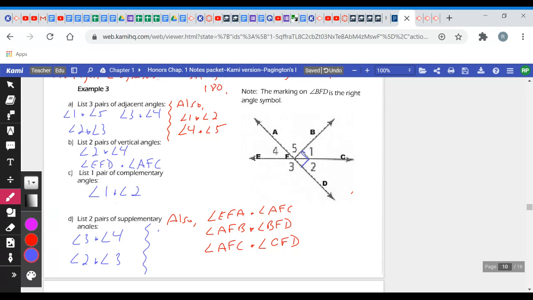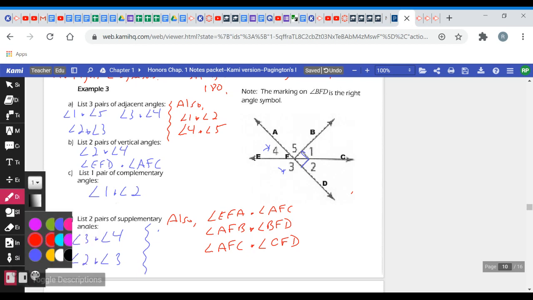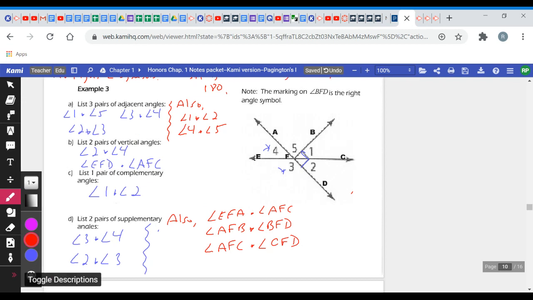Remember, supplementary angles are angles that add up to 180. So I first listed angle 3 and angle 4. I can see these 2 angles form a straight line together, so they are supplementary, or add up to 180. And I can also see that angle 2 and angle 3, which would be this angle and this angle, form a straight line and therefore add up to 180.